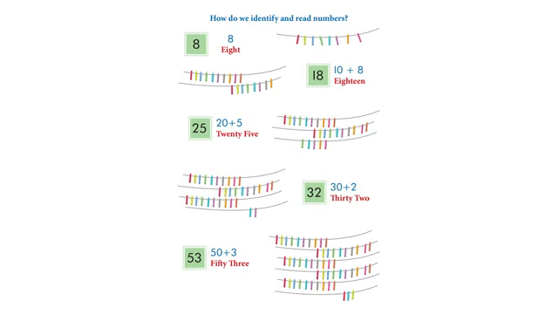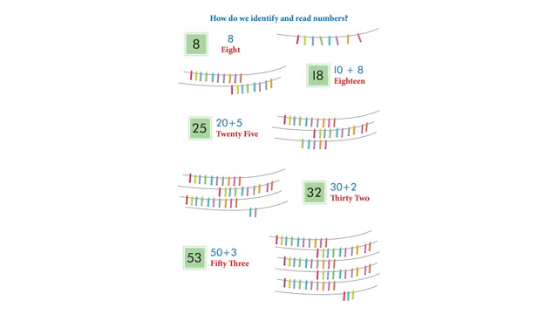First, we have 8. So we have 8 clips which are hung on this rope, right? Let's count and see. 1, 2, 3, 4, 5, 6, 7 and 8. That's right. Now let's try 18. So in the first row we have 10 clips which are hung.